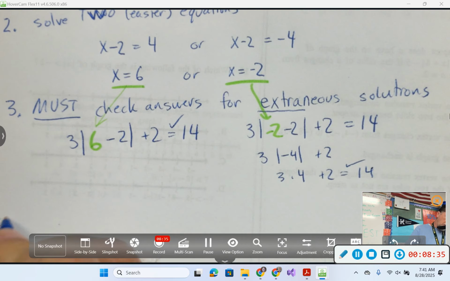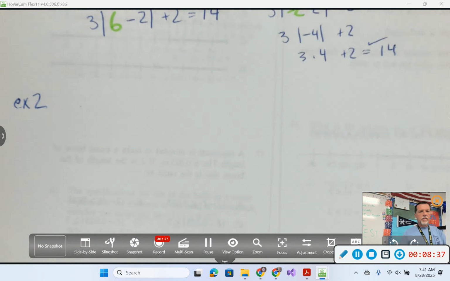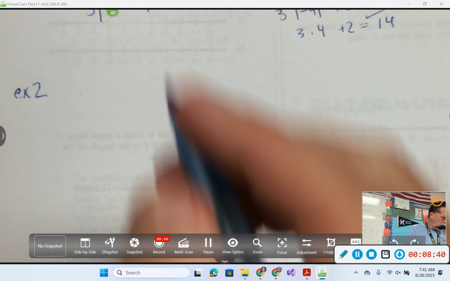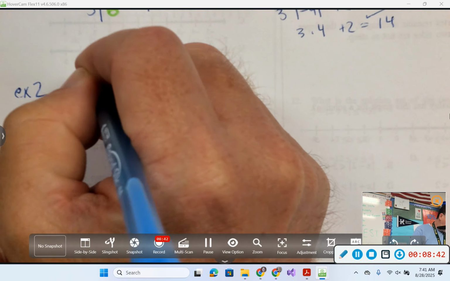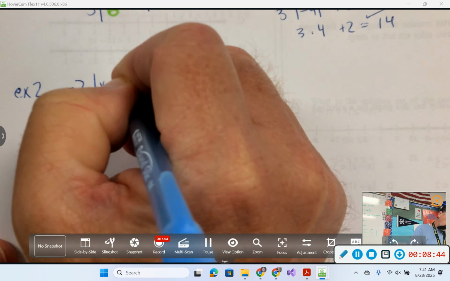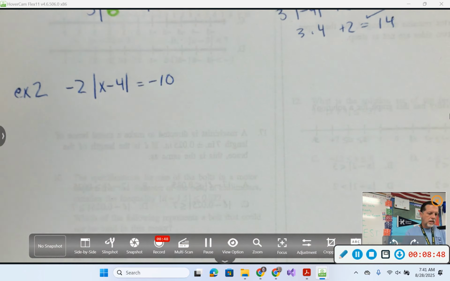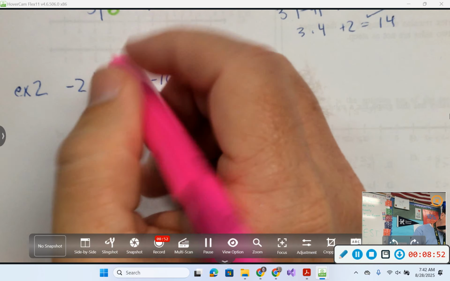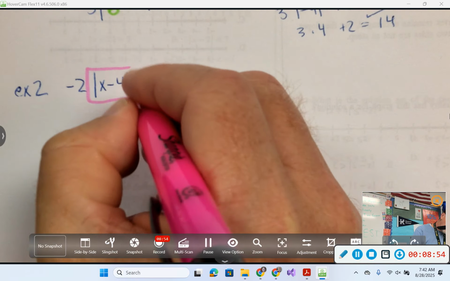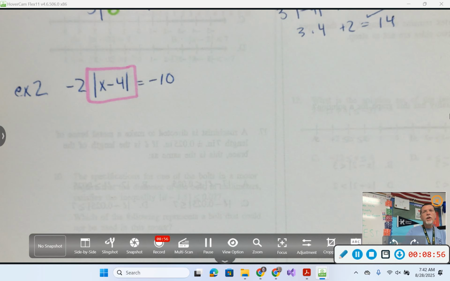Okay, let's do a couple more examples here. Negative 2 times the absolute value of x minus 4 equals negative 10. Again, job 1, get the absolute value thing by itself first before you split it up.